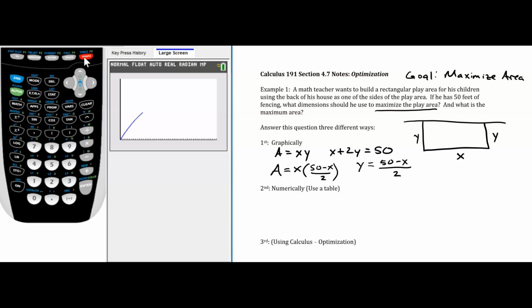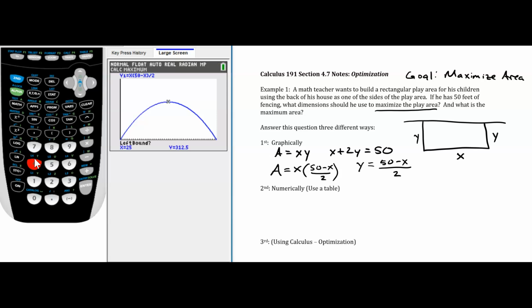So we go to the graph and we get an area function that clearly has a maximum somewhere in here. And if we are solving this question graphically, what we could do is say second calc, and go to maximum, that's number 4.